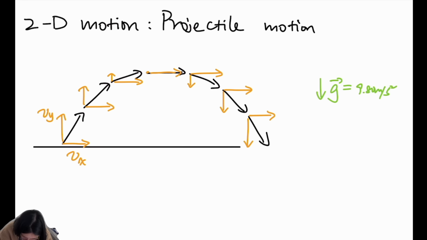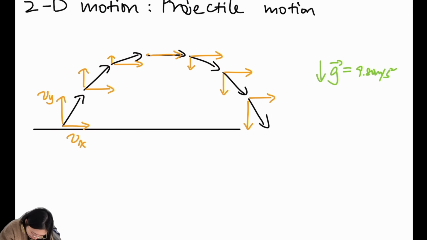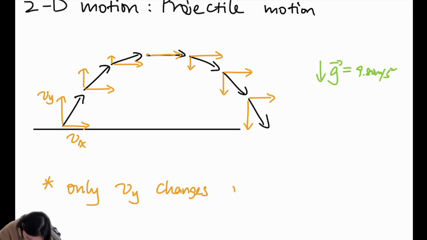This is because there is no acceleration along the horizontal axis. So in projectile motion, what we need to pay attention to is only the y component: only Vy changes due to the gravitational acceleration, which is along the vertical line.